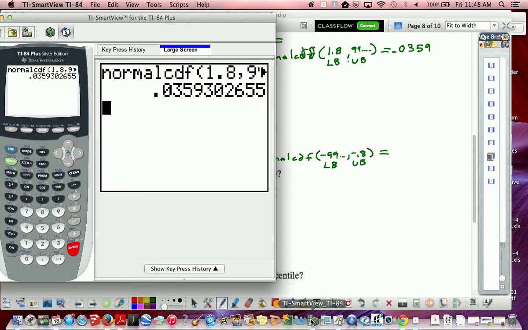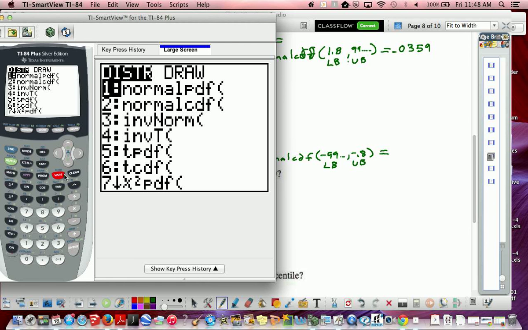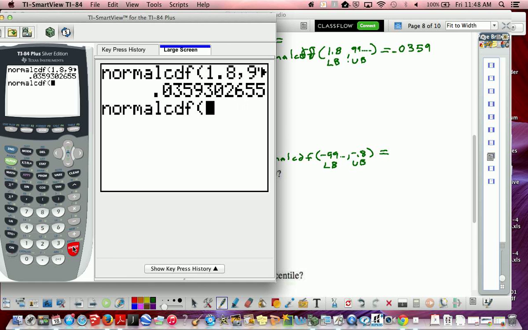So calculator time. Second VARs. Normal CDF. I'm putting in negative infinity to negative 0.8. So 0.211, and I'll round it to 9.